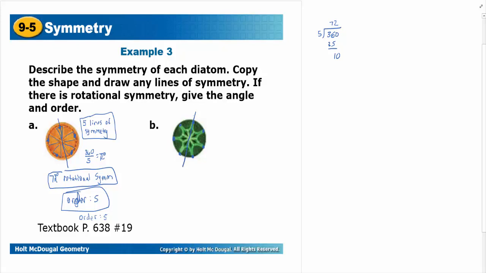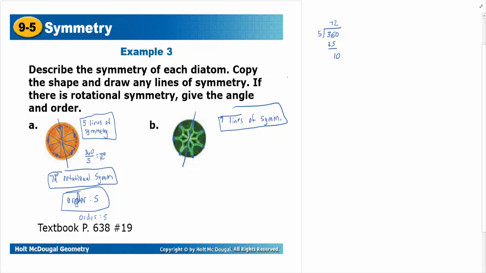But again, this pattern repeats, so the same number of points will be the same number of lines of symmetry. So I have 1, 2, 3, 4, 5, 6, 7. So I have 7 lines of symmetry.